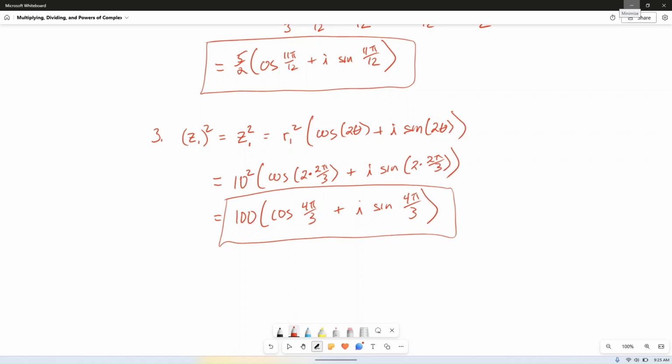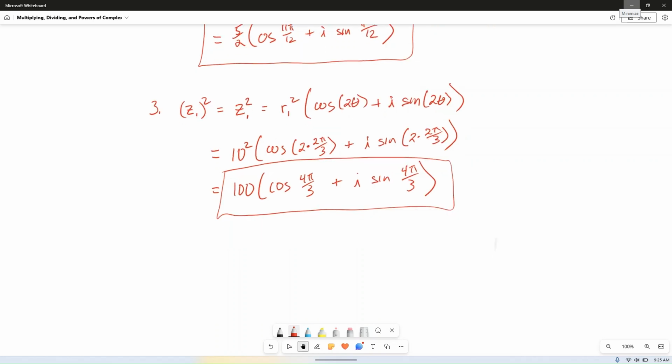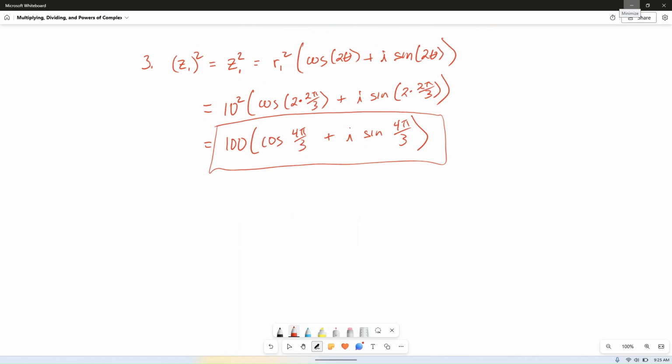And I can go ahead and leave it in polar form like that. Again, just to remind you of how we would go about converting it back into the a plus bi form, this one is not as bad since the cosine and the sine are dealing with pi's over 3. So let's just do this one real quick. We're going to have 100 times the cosine of 4 pi over 3.